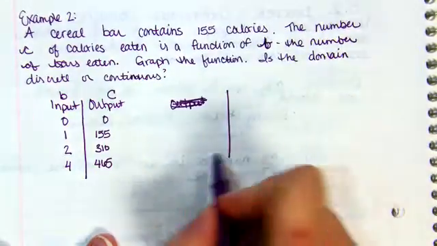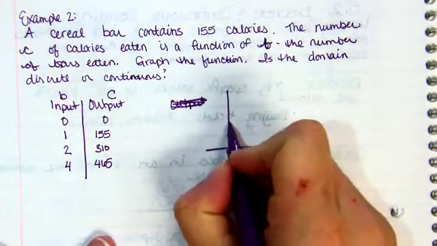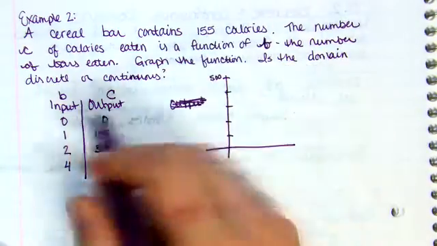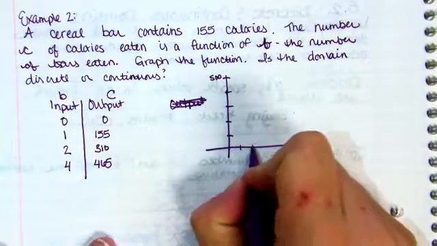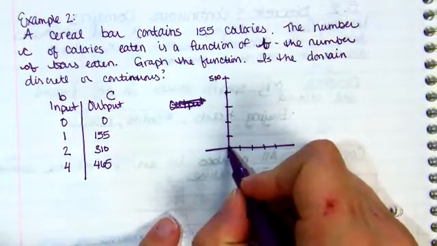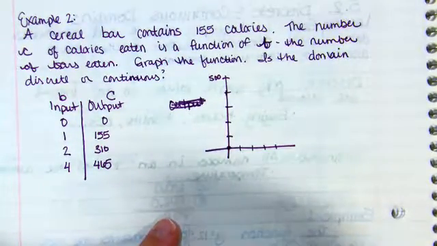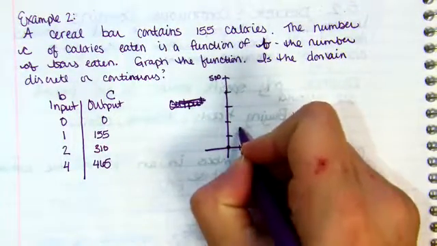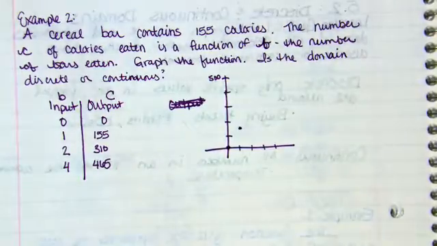So when I graph this, let's do 100, 200, 300, 400, 500, and my input is 1, 2, 3, 4. So if I don't eat any bars, I don't have any calories. There's my 0, 0. If I eat 1, that's 155 calories.